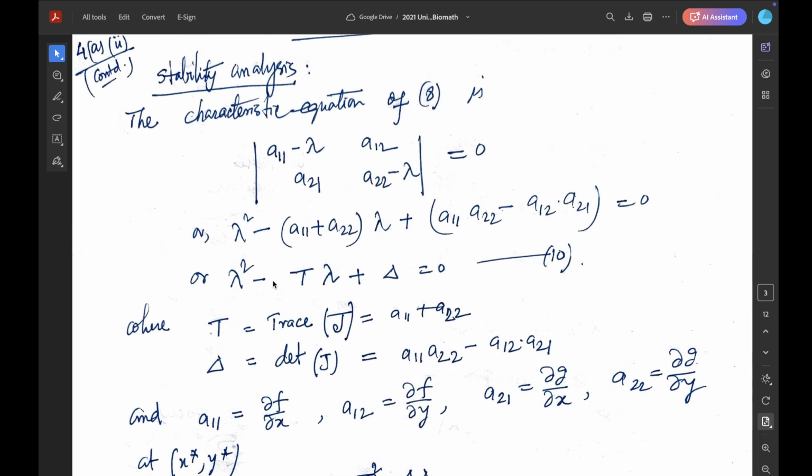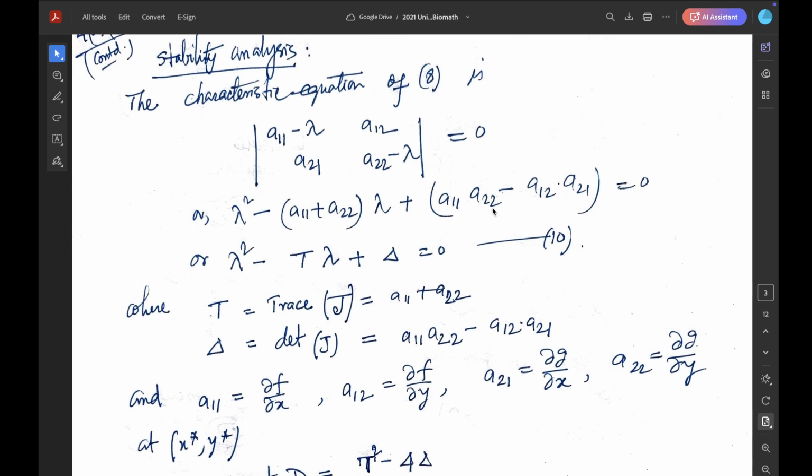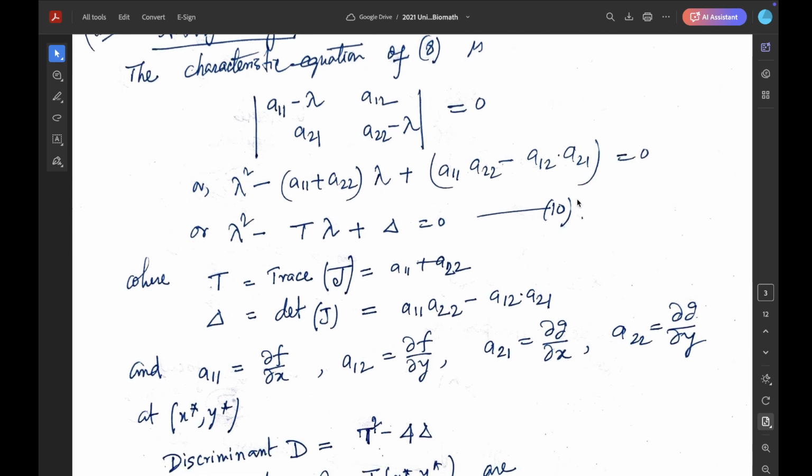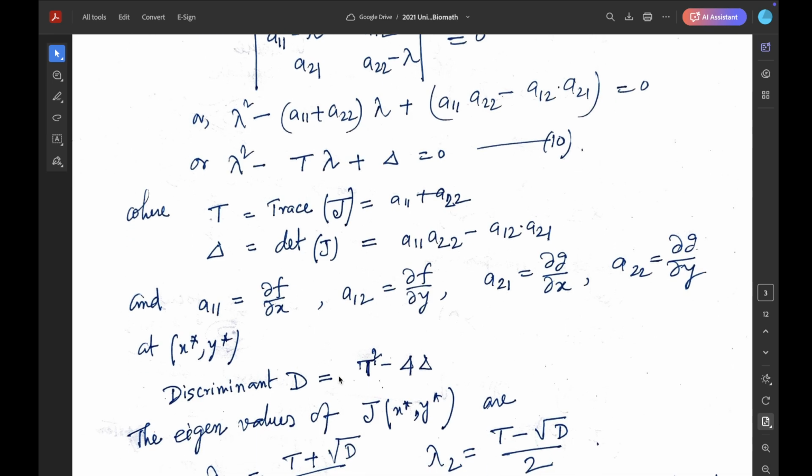So we get a quadratic equation in λ: λ² - Tλ + Δ = 0, where T = a11 + a22, the trace of the Jacobian J, and Δ is the determinant of J, a11 a22 - a12 a21, and the discriminant D is T² - 4Δ.